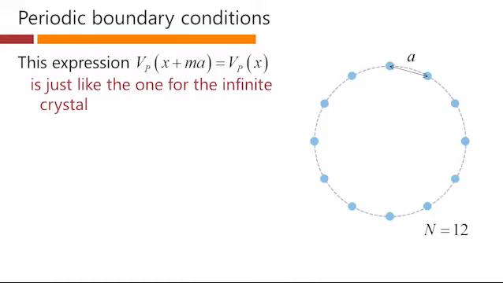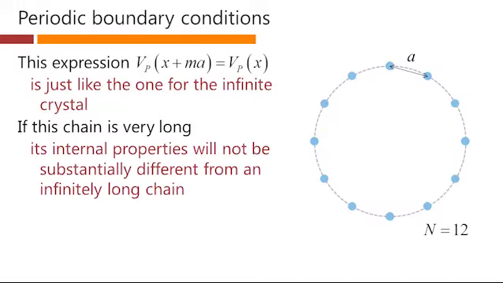Now, this expression that we're looking at here is just like the one that we had for the periodic potential in an infinite crystal. And we can make the following argument, at least for a one-dimensional system. We can say, well, if this chain is very long, its internal properties will not really be substantially different from an infinitely long chain. The fact that it's bent a little bit, we presume, won't really matter if the chain is very, very big.